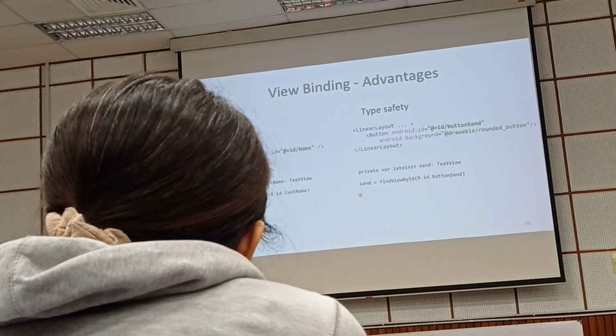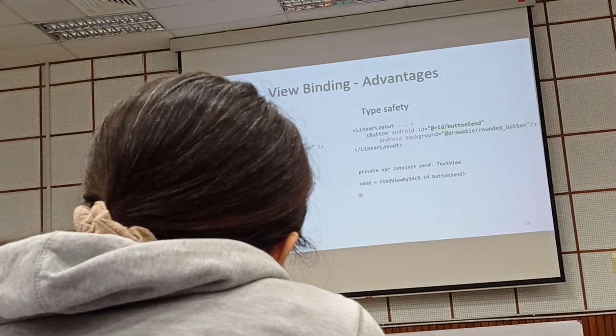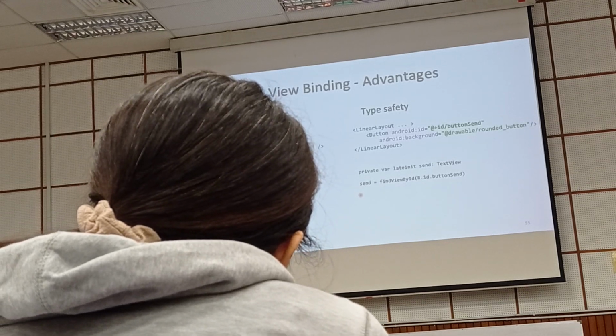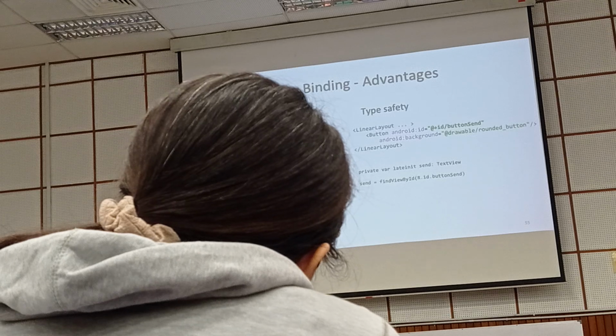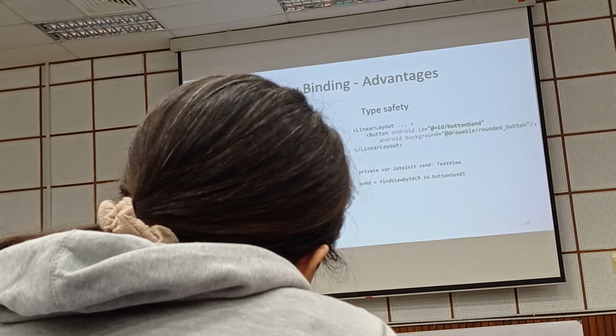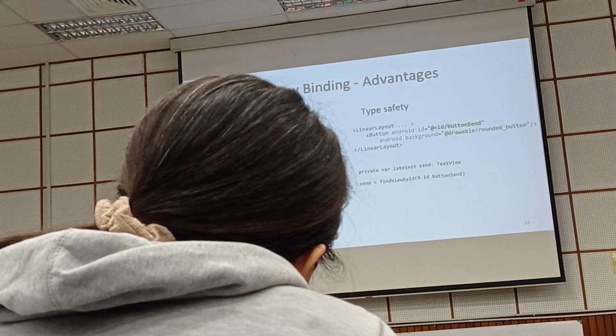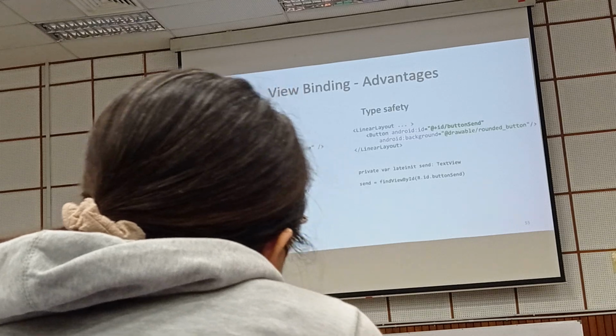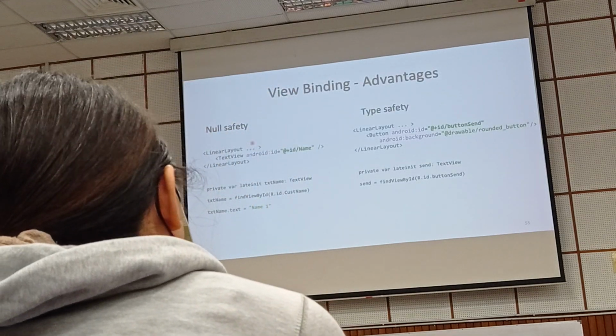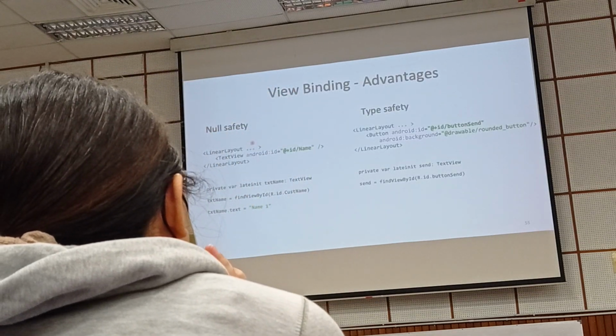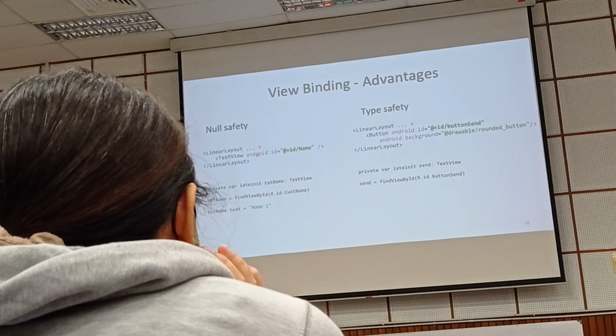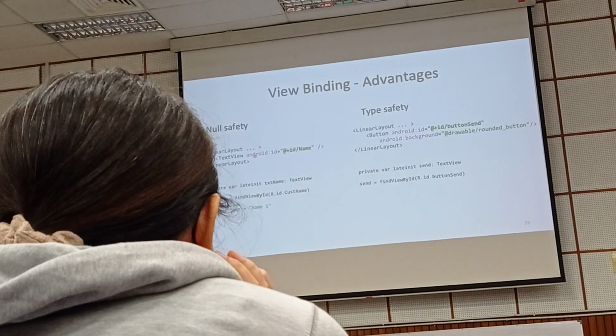So here are the advantages of using view binding as compared to the traditional method. The first one is null safety. Since view binding creates a direct reference to a view, there is no risk of null pointer exception due to an invalid view ID.